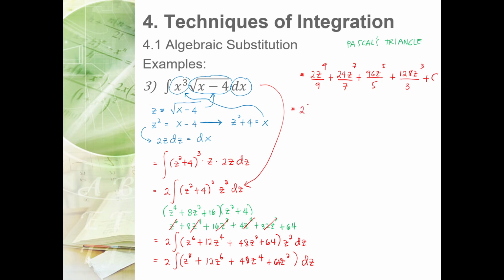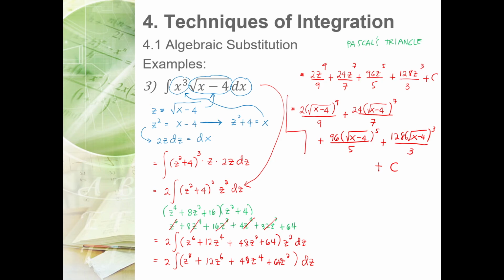So 2, and then we have the square root of x minus 4 to the power of 9, then plus 24 times the square root of x minus 4 to the power of 7 all over 7, plus 96 times the square root of x minus 4 to the power of 5 all over 5, plus 128 times the square root of x minus 4 cubed all over 3, plus c. So this is your final answer.